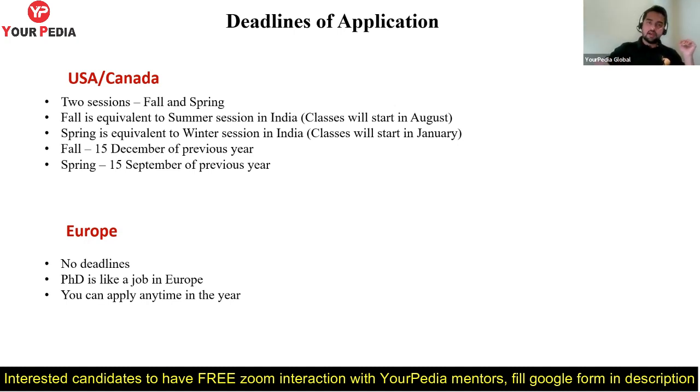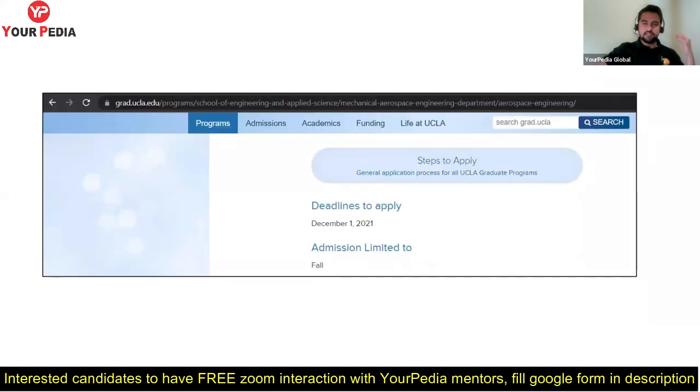I prepared a few slides to show you. This is UCLA, University of California at LA. If you see its grad school page, the deadline to apply for the fall session is December 1, not December 15, it's December 1. And admission is limited to fall, it means they are not taking students in the spring session, only in the fall session.